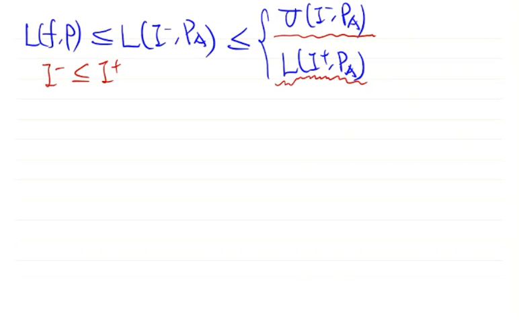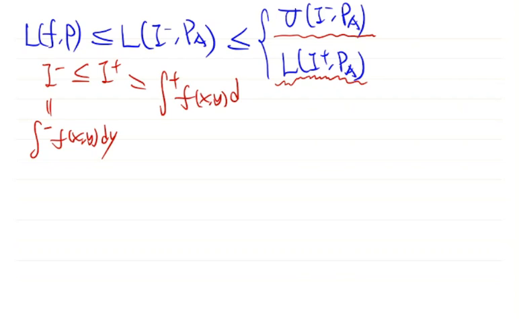Because I minus is the lower integral of f(x,y) dy, and I plus is the upper integral of the same function. So I minus x is not greater than I plus x. So for the same partition, a larger function will have a larger lower sum and a larger upper sum. Okay, so this justifies the second inequality in this step.